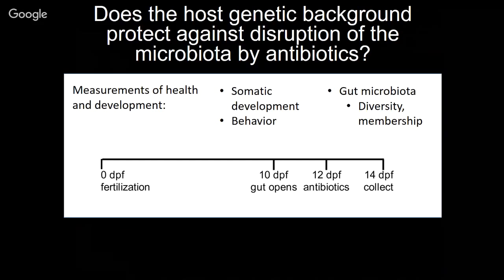What can we measure in their overall development? We also looked at behavior. And in progress right now is characterizing the gut microbiota, and we'll be looking at both diversity and membership. So how is diversity affected by the antibiotic exposure, and which microbes are actually killed off by the antibiotics, and which are able to survive antibiotic challenge.